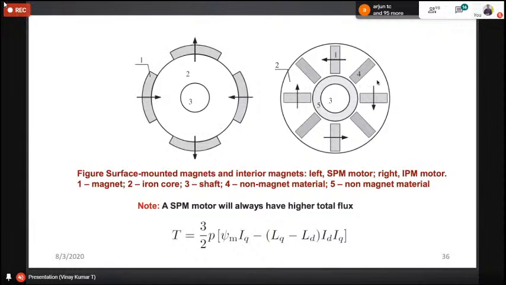In the case of interior permanent magnet, with respect to magnetic flux linkage, the cylindrical rotor structure is treated as a salient structure. Mechanically the interior permanent magnet rotor looks cylindrical, but with respect to the magnetic circuit it is a salient structure. Right, these are the classification differences between the interior permanent magnet machine and the surface mounted machine.